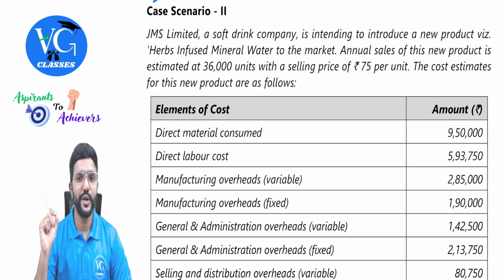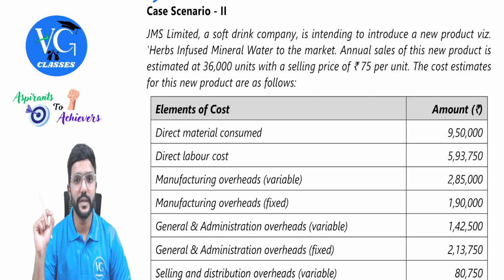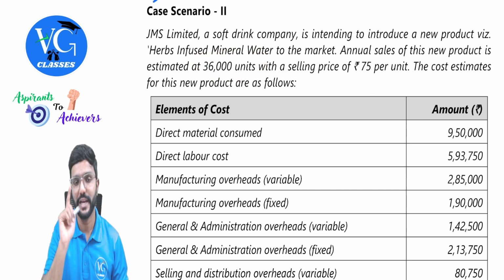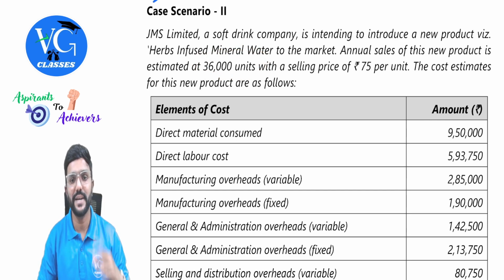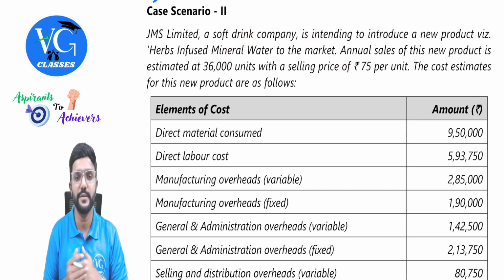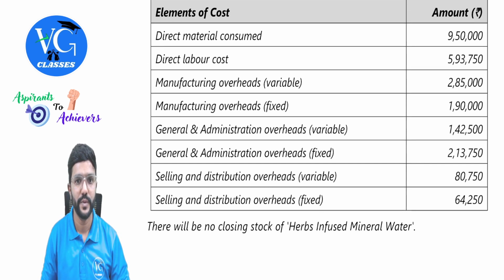JMS Limited, a soft drink company, is intending to introduce a new product, that is herbs infused mineral water, to the market. Annual sales of this new product is estimated at 36,000 units annual. Please be careful, per annum, with a selling price of 75 rupees per unit. So can we calculate sales? Yes, 36,000 into 75. The cost estimates for this new product are as follows.